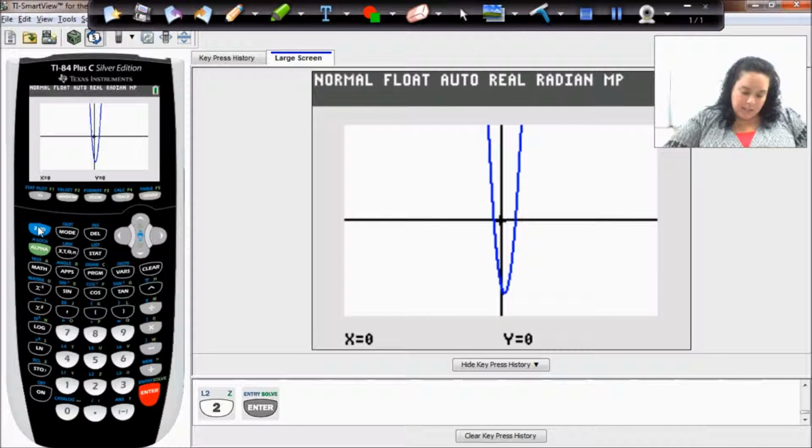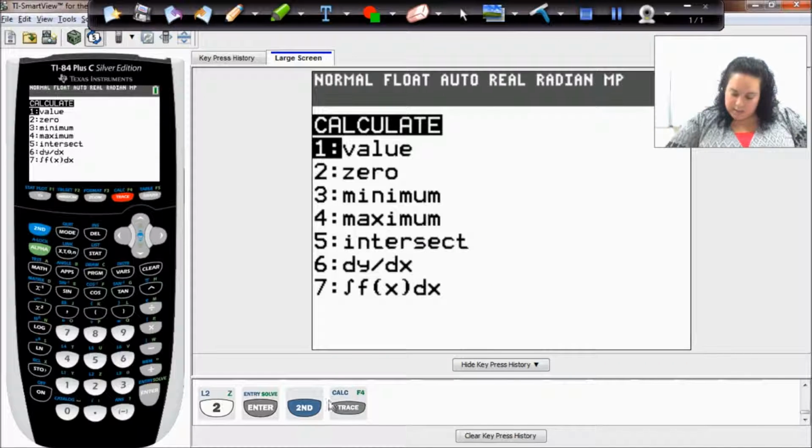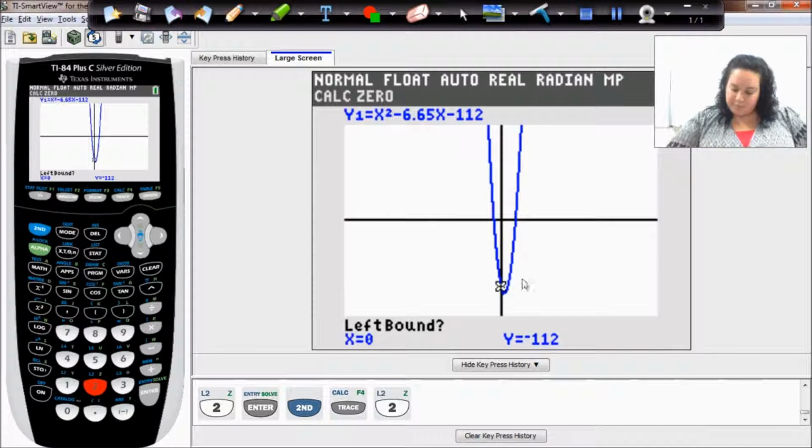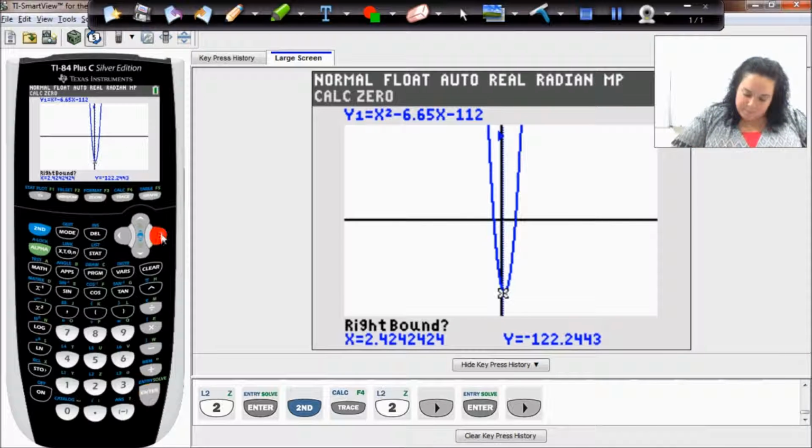We can do it using the calc function. So we're going to press second calc. Okay, so second trace calc. We're going to look for the 0. Remember, 0 is the same thing as a solution or a root. And we need to give it a left bound. So anywhere to the left of the point is fine. Enter. And then we need to give it a right bound. So we're going to go over to the right, some more, one more time, just for good measure.